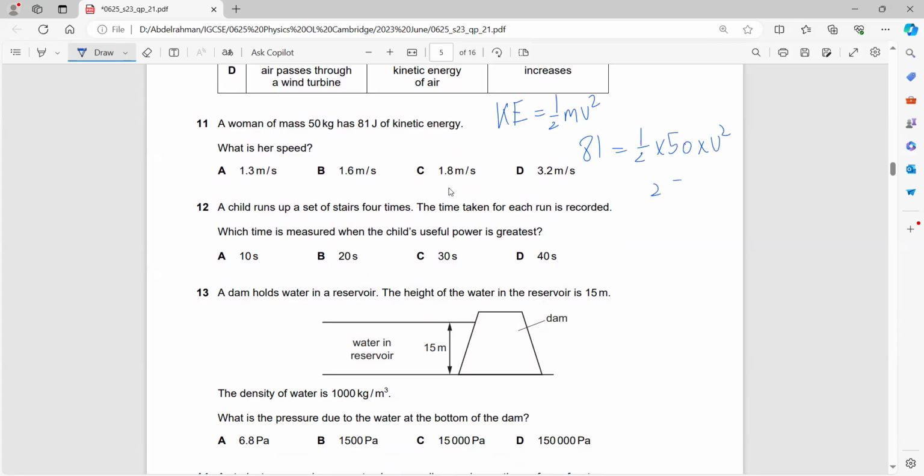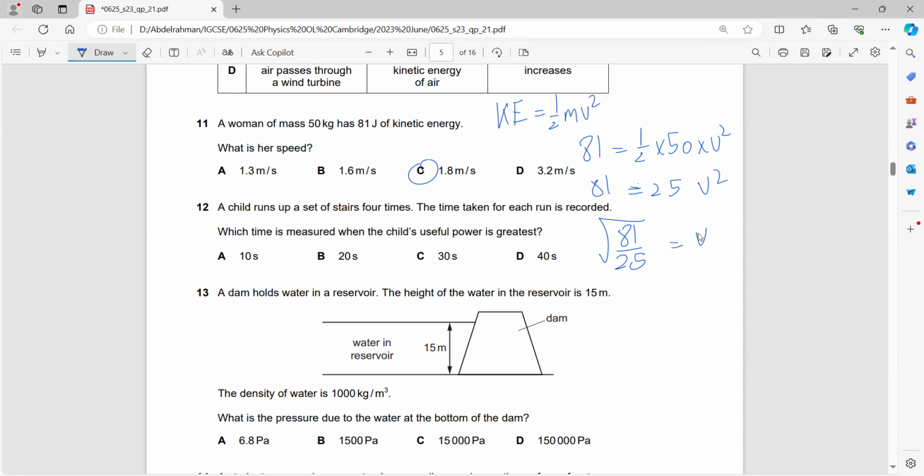Half times 50 is 25. For v squared, we can just divide 81 by 25 and then square root it. Square root of 81 divided by 25 would give a final answer of, let's calculate it, around 1.8 meters per second.